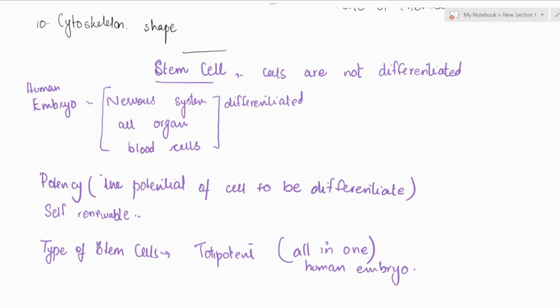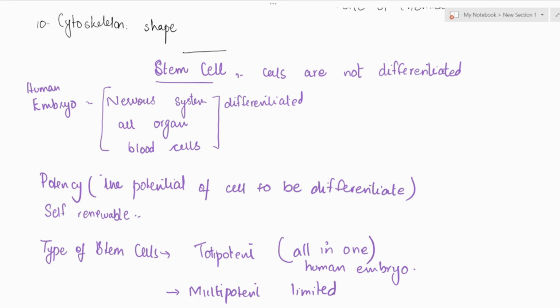Now, some are very limited. The second one is multipotent. This one is limited. Once the embryo develops into certain parts, your skin cells can only divide into skin cells. Your stomach cells can only divide into stomach cells.